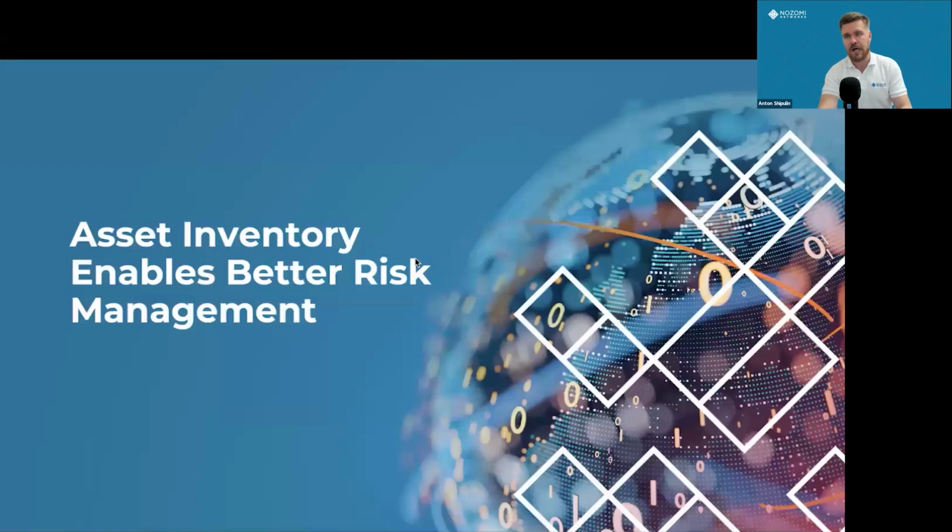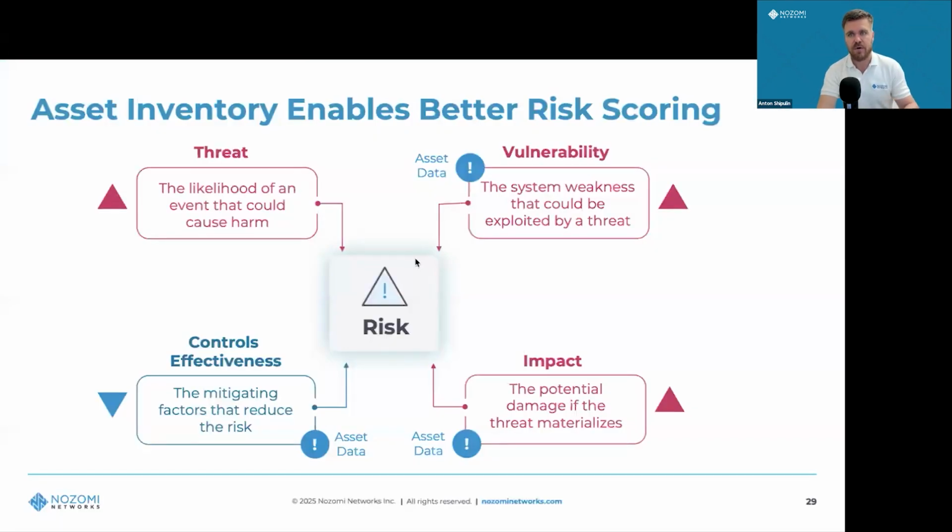And to close our session, I want to highlight the critical role asset inventory plays in effective risk management. We know that cyber risk is often defined as a function of the likelihood of a threat exploiting a vulnerability and the resulting impact, and countermeasures reducing the likelihood. The more accurate your asset data, the more accurate your risk scoring, because for all these variables, for all these risk factors, accurate asset data plays a crucial role.